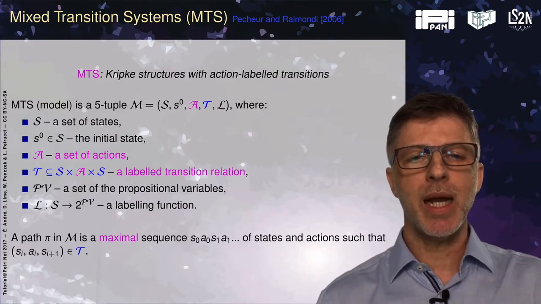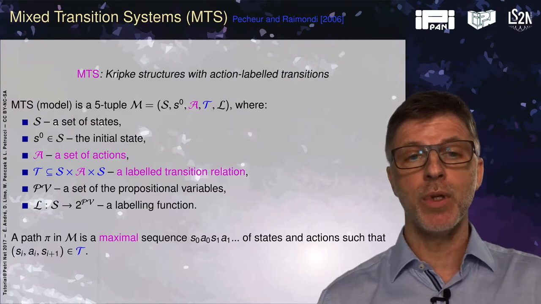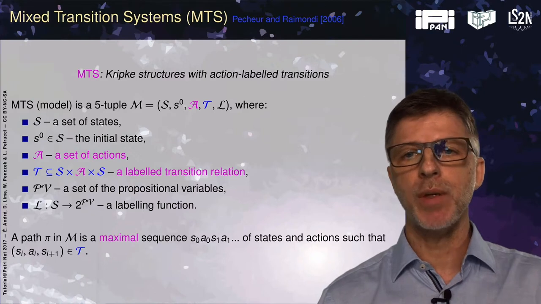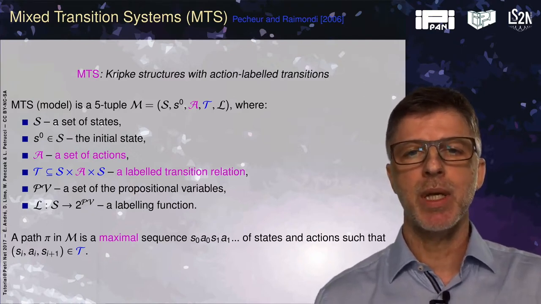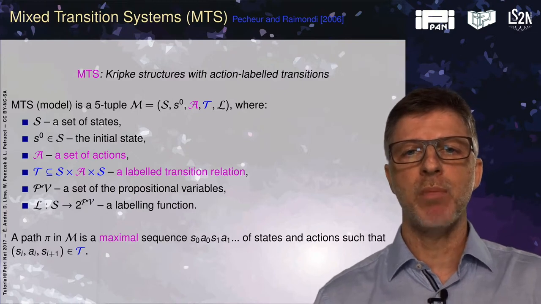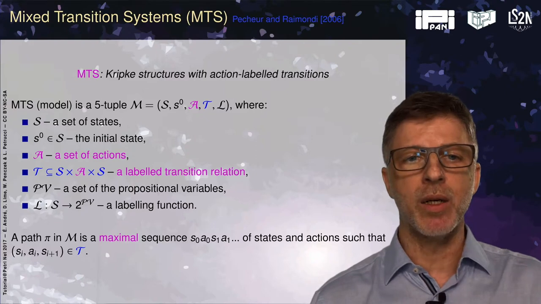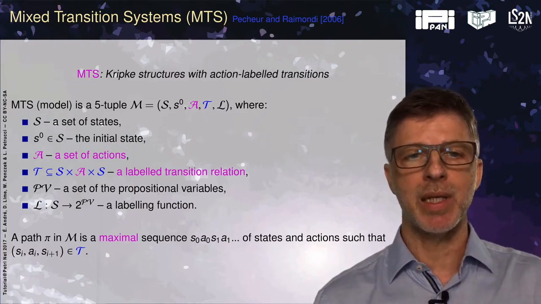So let's start with a definition of a model which I am going to use in this presentation. These are mixed transition systems which were defined by Pecheur and Raimondi 11 years ago, and they are called Kripke structures with action-labeled transitions.